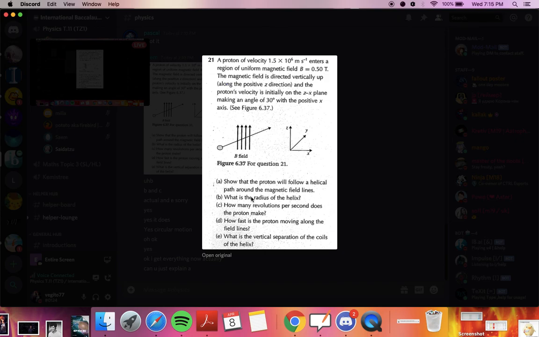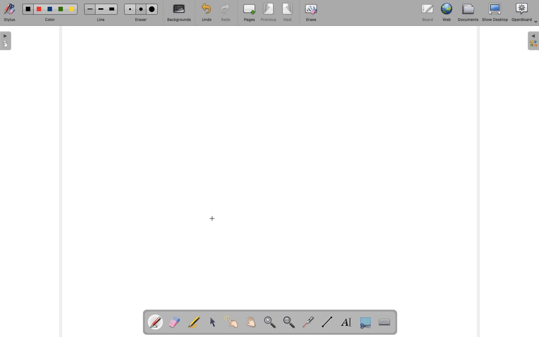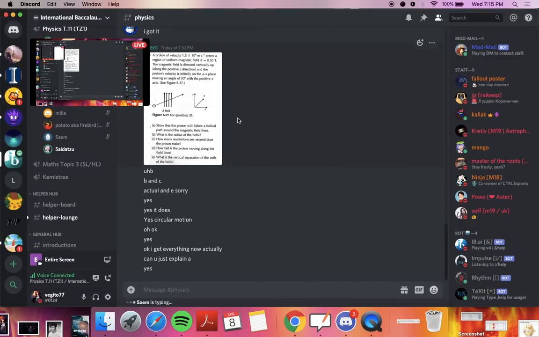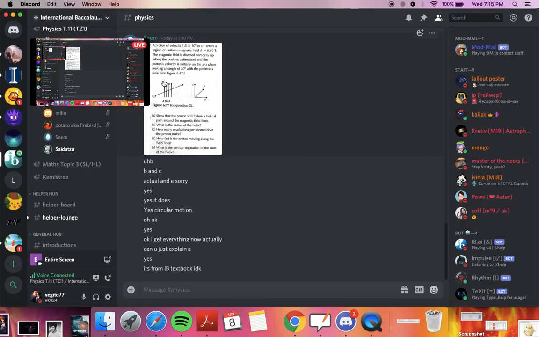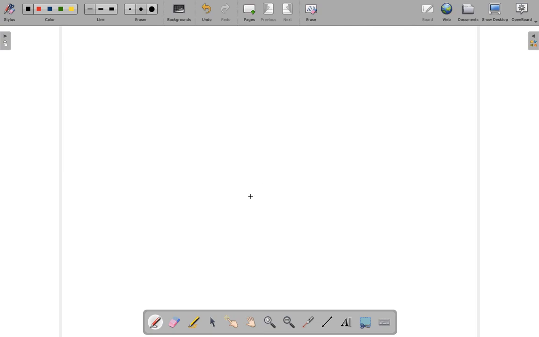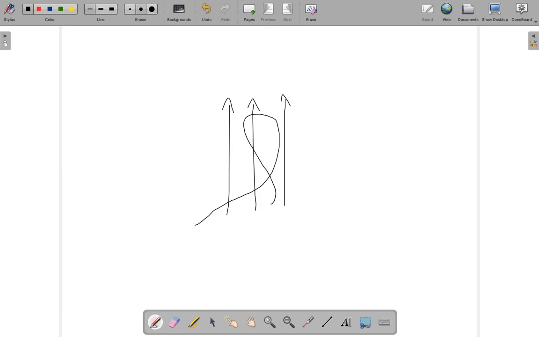Are you sure this is an IB question? I think it's a little more complex than that, because I don't think it's circular motion happening over here. What they're saying is that there's a helical path happening. So what they mean is that if we have the field lines over here, the electron will go like that and do some kind of helical shape.